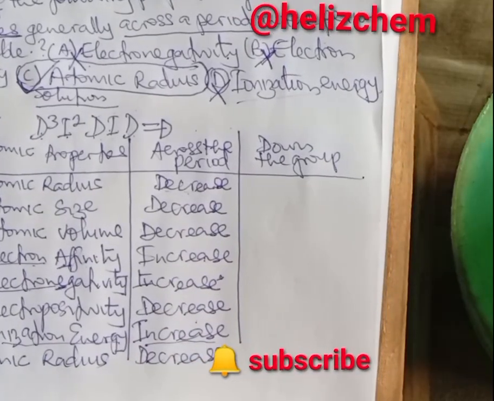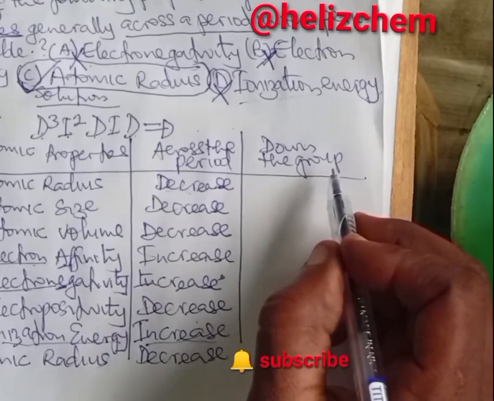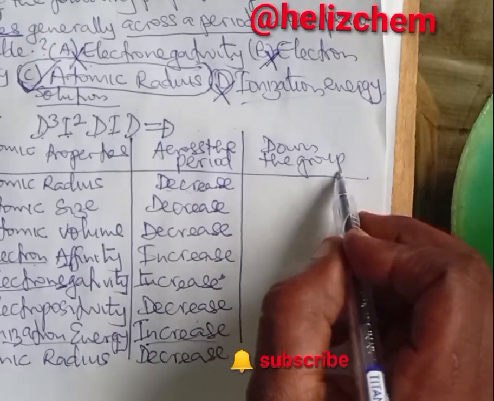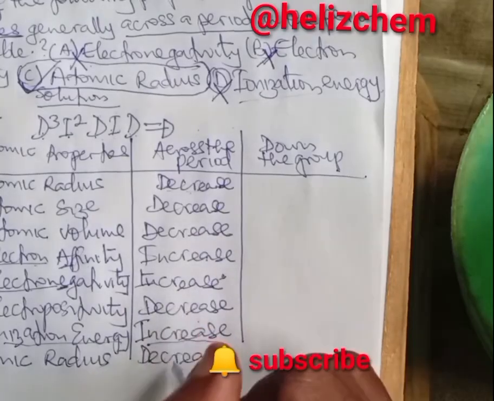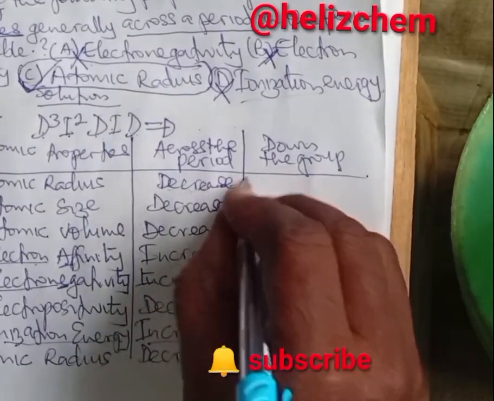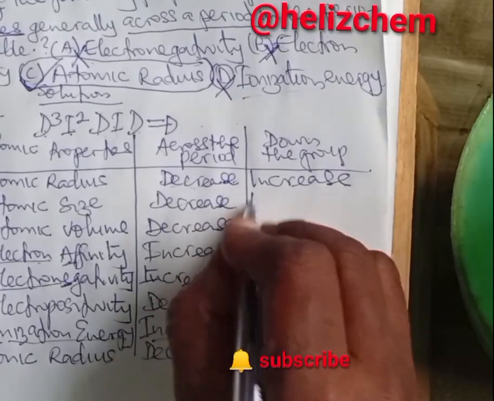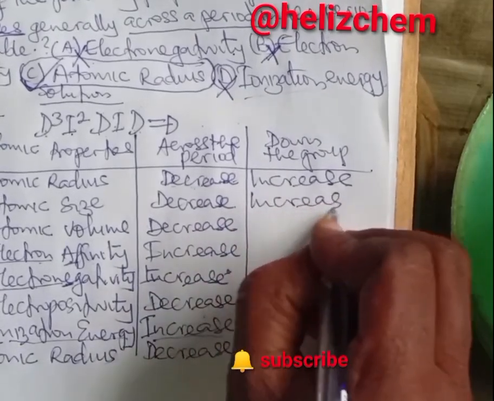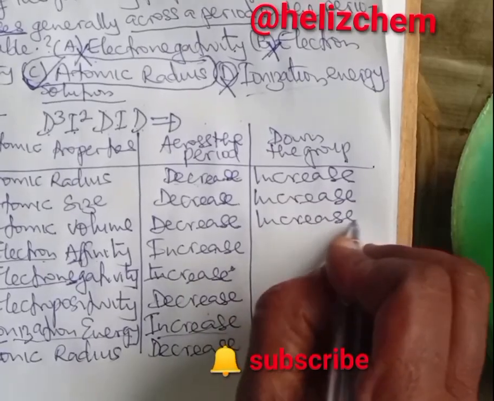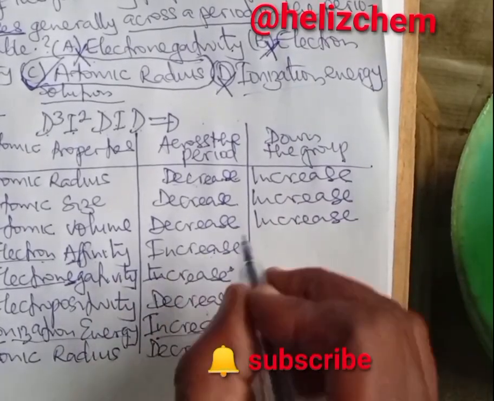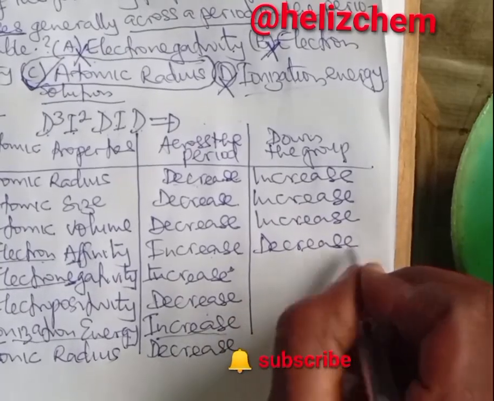In case of another time, let me give you how these properties vary down the group. As I said earlier, it will be the opposite of all this one. So we have decrease here. This one will now be increase. This also will be increase. This also will be increase. For electron affinity, we have increase here. It will be decrease.